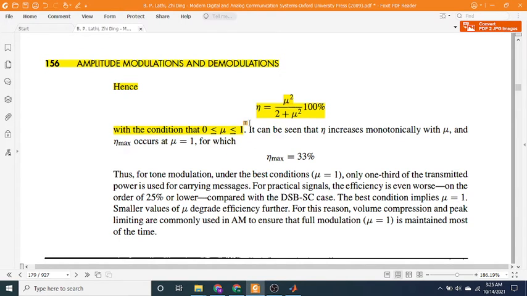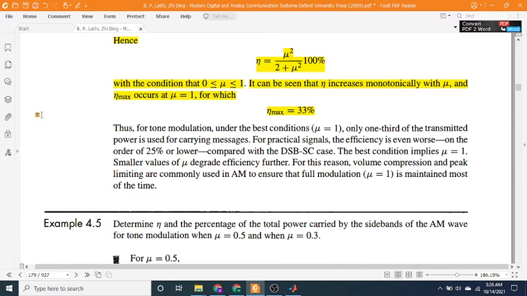It can be seen that η increases monotonically with μ, and η_max occurs at μ = 1, for which η_max = 33%.